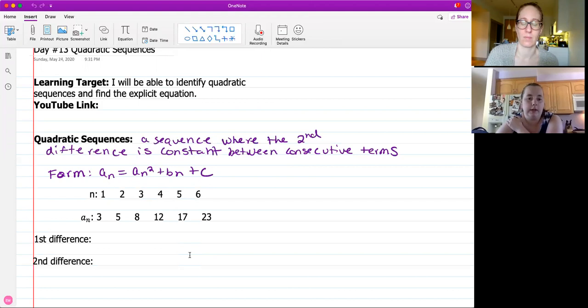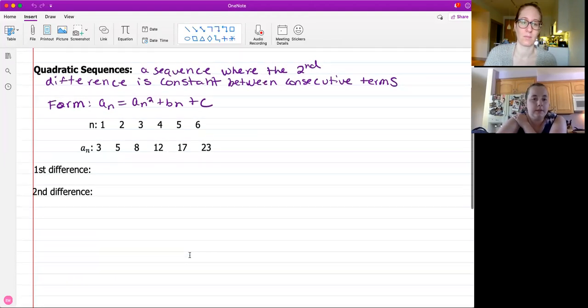It's just a quadratic. Remember that n is your term number, and a sub n is what the number is for that term.